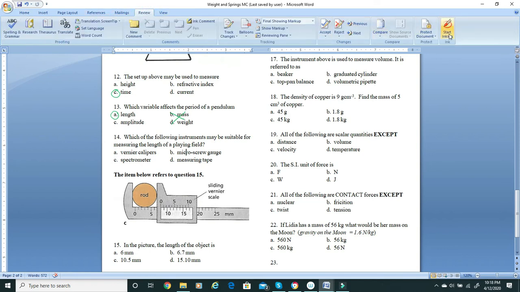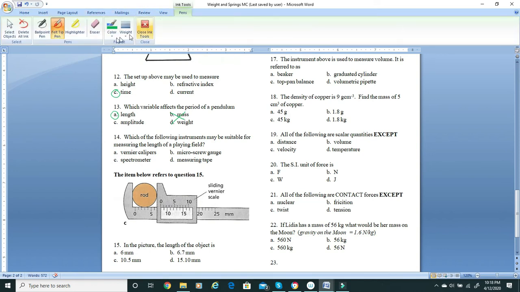So think about it before I give you your answer. Now vernier calipers, this is a vernier caliper down here. It's too small, too short. Microscope or gauge is even smaller. A spectrometer, no. So we have the measuring tape. So that's the most likely one, the best answer.